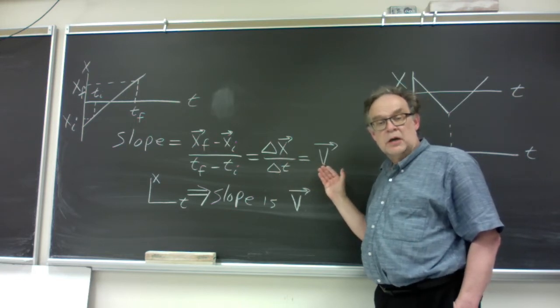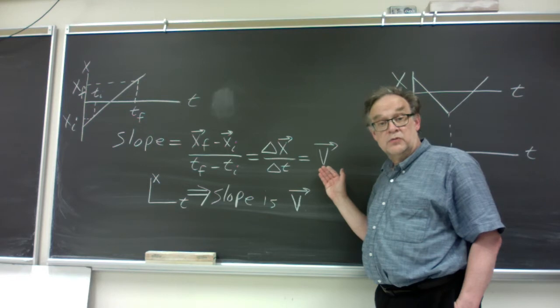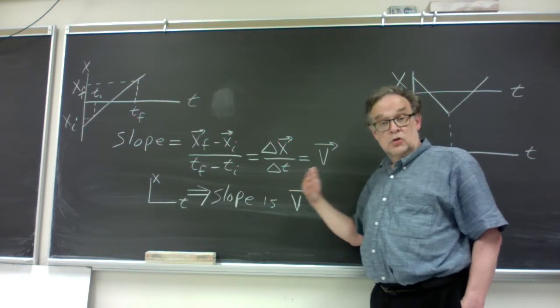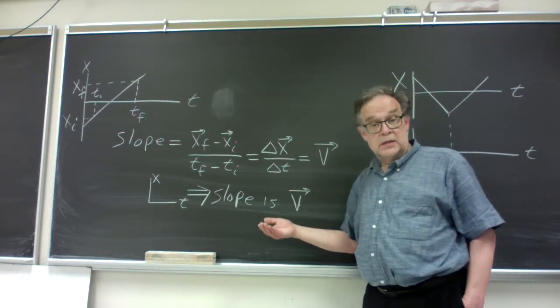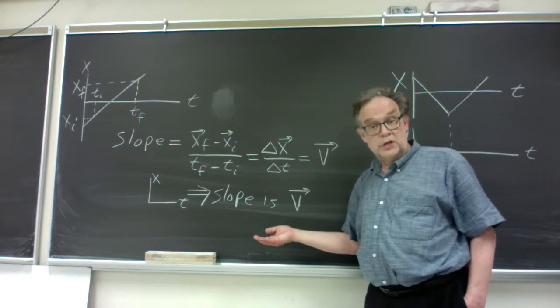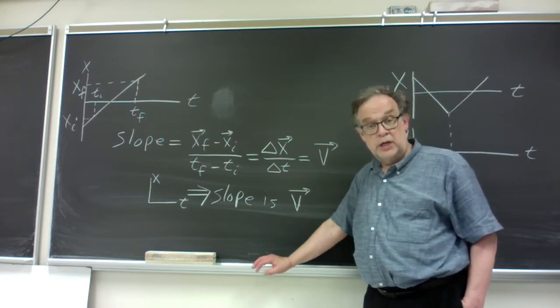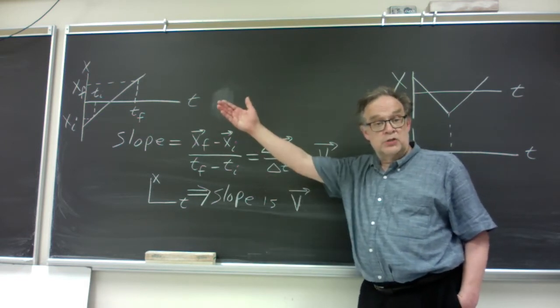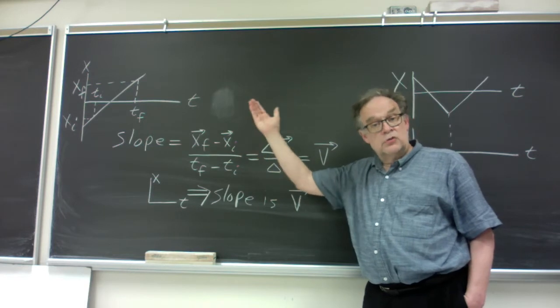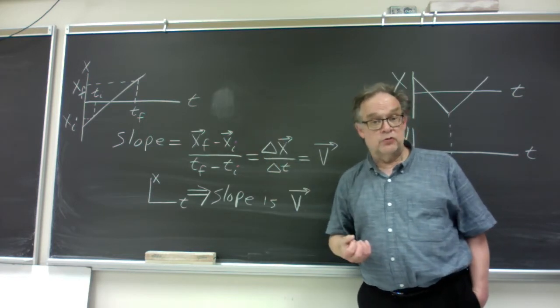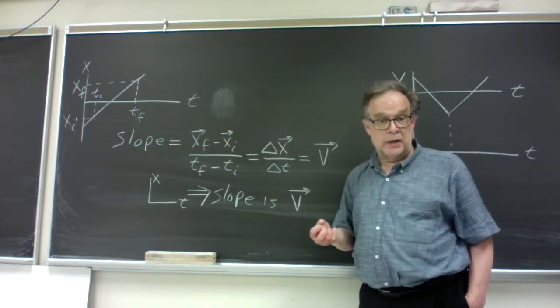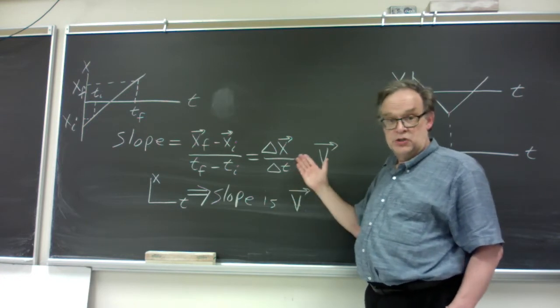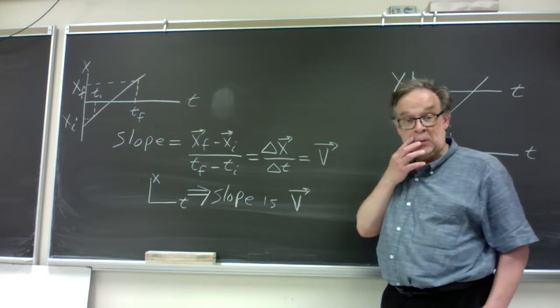It's just our definition of velocity, which makes sense because velocity means the rate at which position is changing. Velocity is the rate of change of position. So in a graph of position versus time, the slope would give you the rate of change of position as time goes by, but rate of change of position is just another name for velocity.